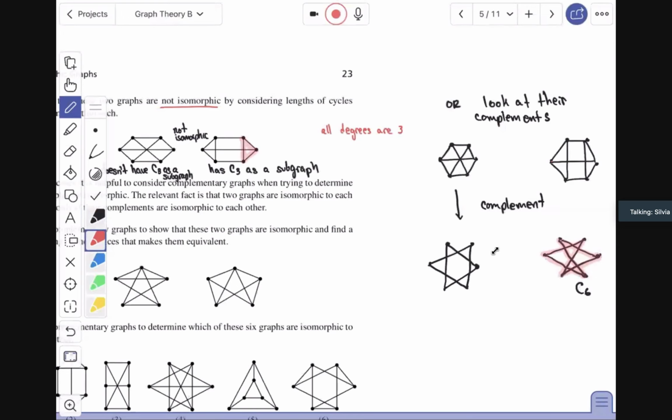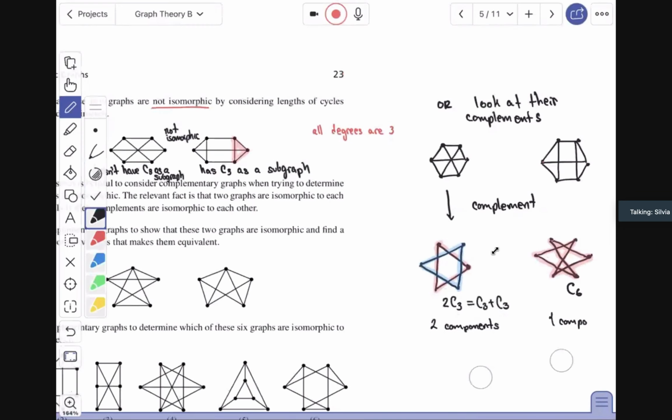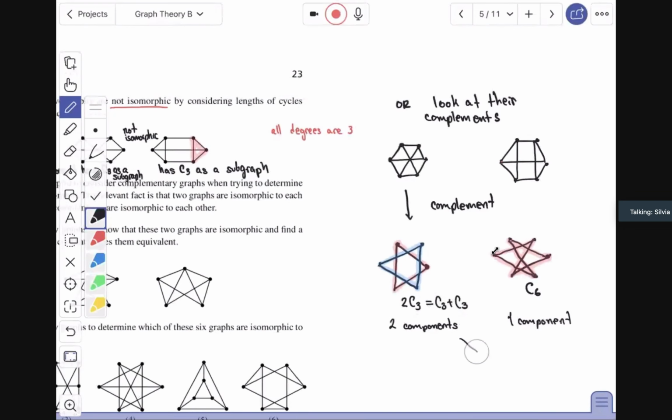However, in this one, if I start in one place, I go like that and I close that loop and I won't be able to get to the other vertices. So this one actually is two C3s, or C3 plus C3. Two C3s. And so this one has two components. They're different. They're not isomorphic. This one has one connected component. They're not isomorphic because of that.